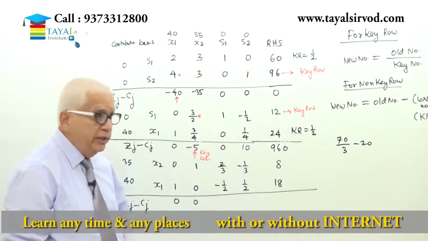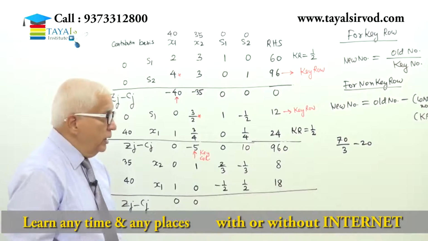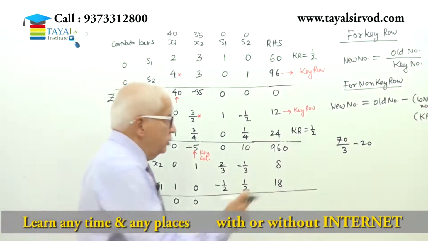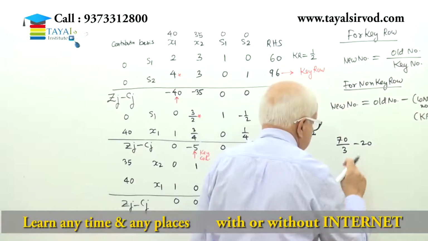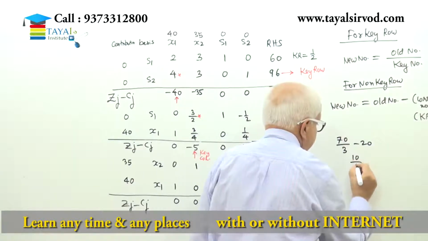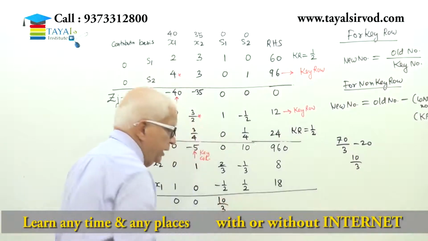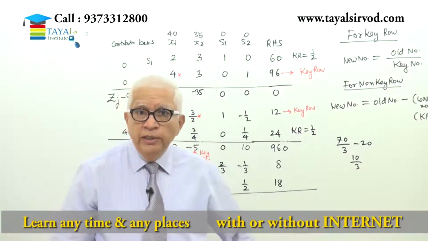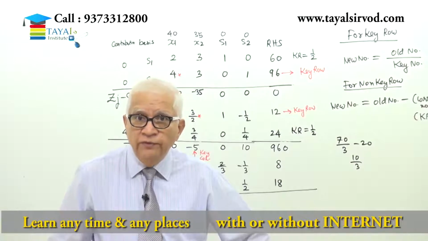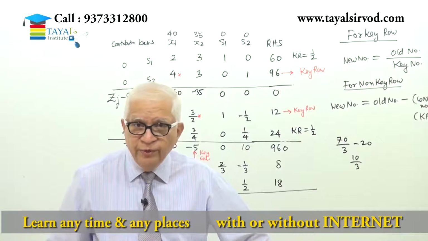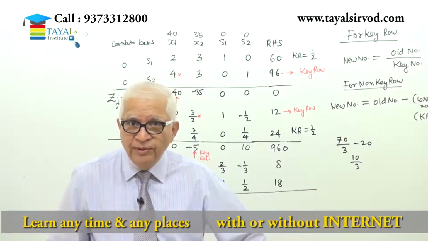So I don't need to write this. So what is this value? If I multiply 20 by 3 to make common denominator as 3, this will be 70 minus 60 upon 3, that is 10 upon 3. Therefore, this number is 10 upon 3. The important point for me is that this number is positive, and a positive number is good news for me. Next number will tell me if the solution is optimal.